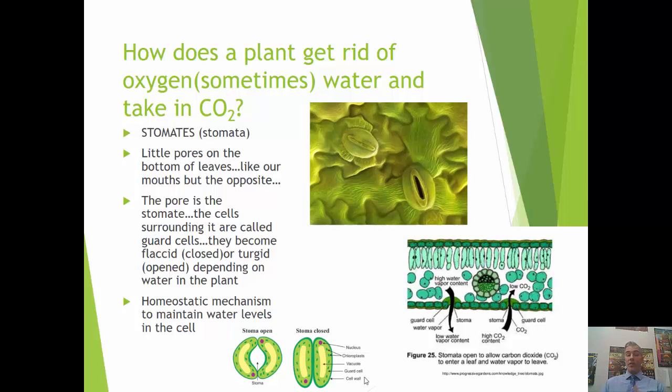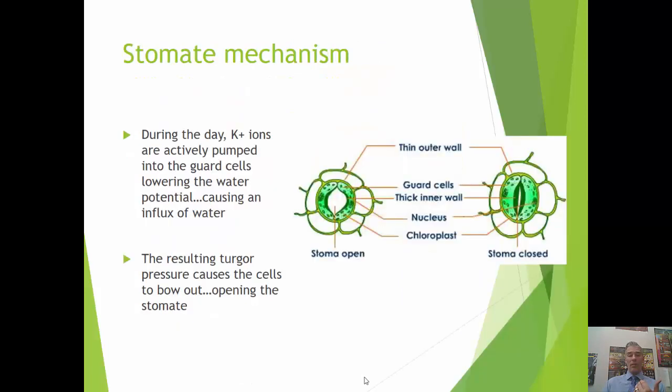And there's actually a really interesting homeostatic mechanism that involves pumping potassium ions into the guard cells in order to cause them to open. So during the day, potassium ions are actively pumped into the guard cells, lowering the water potential, causing the influx of water. When that happens, it's going to cause them to open up, and the stomata will open because of that process as water flows in.